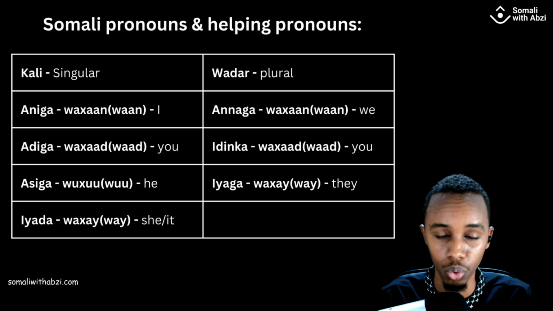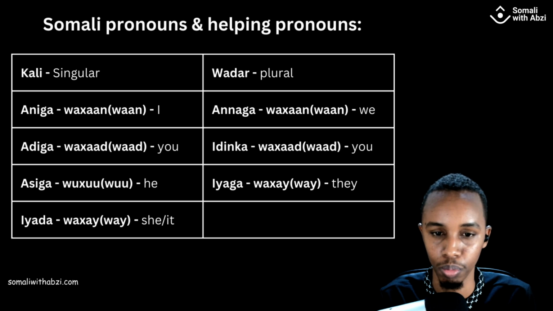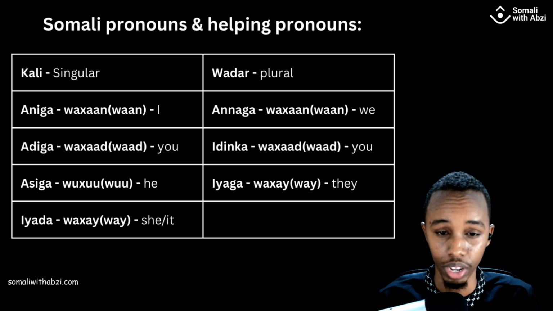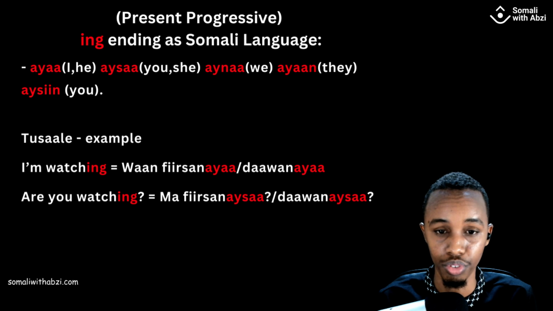Now, what I need from you is to take a note, writing the singular helping pronouns and plural helping pronouns with also the they helping pronouns, so that you'll be enjoying the sentences we're going to make. All right, now this section is very useful because we have to learn the ending ing in English as a Somali language.